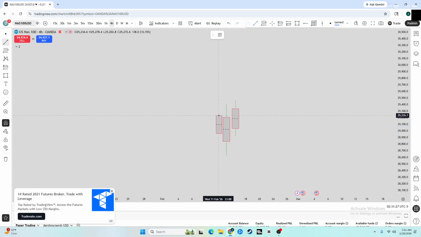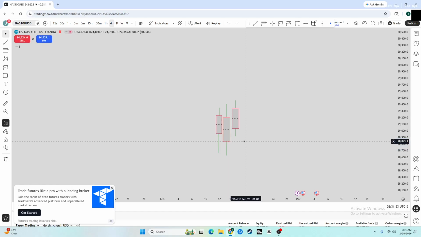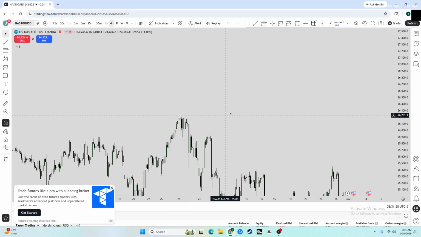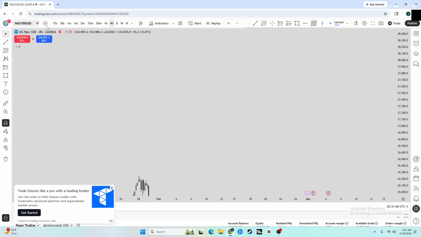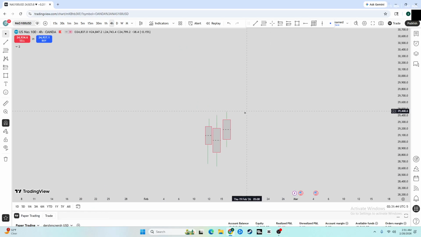So a high or a low consists of 3 candles. Obviously all these candles here, there's multiple, and if I'm on the 4-hour time frame and I zoomed in, you'd see a lot more. But a high or low consists of 3 candles.